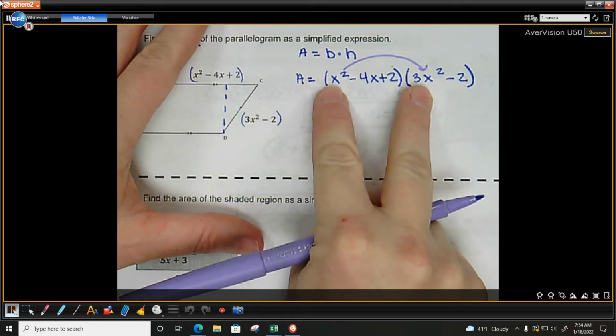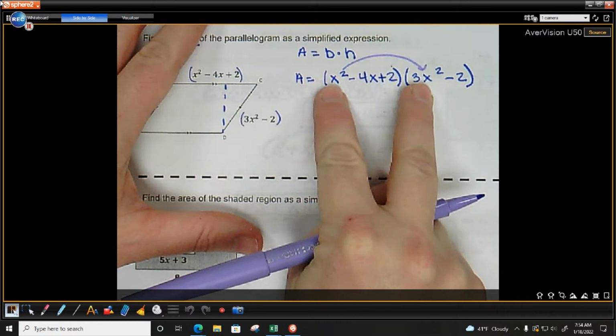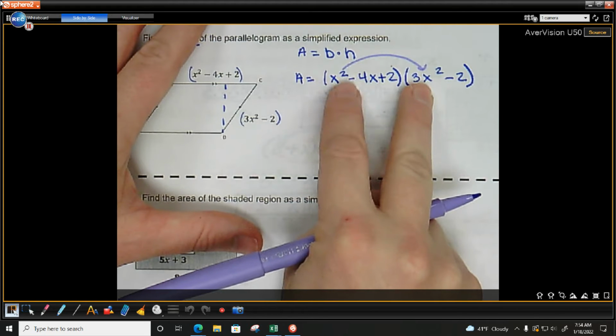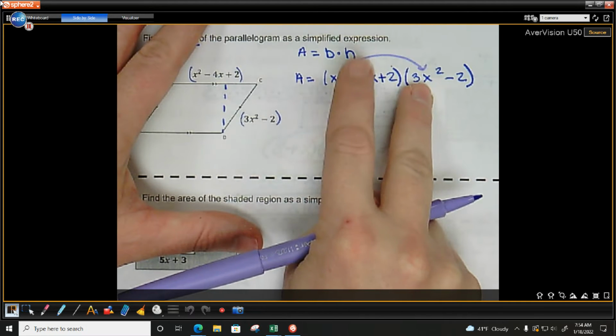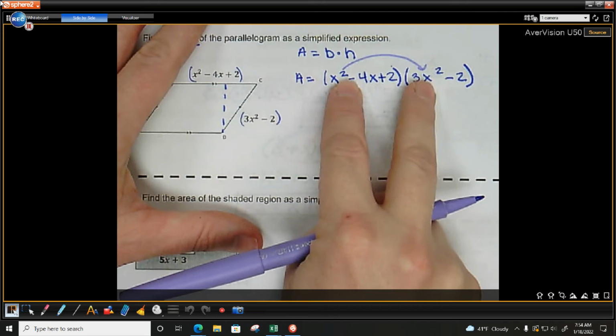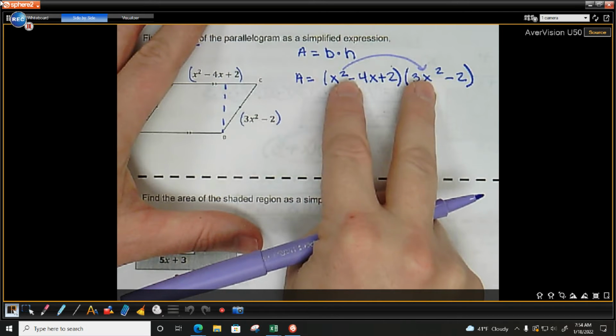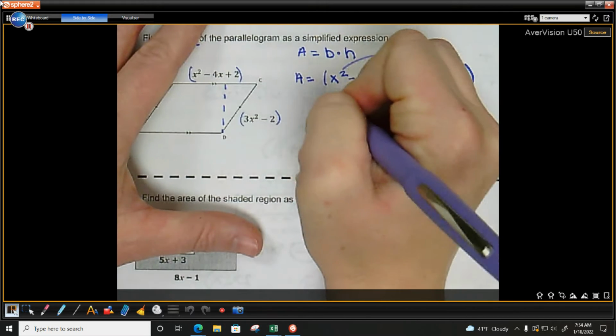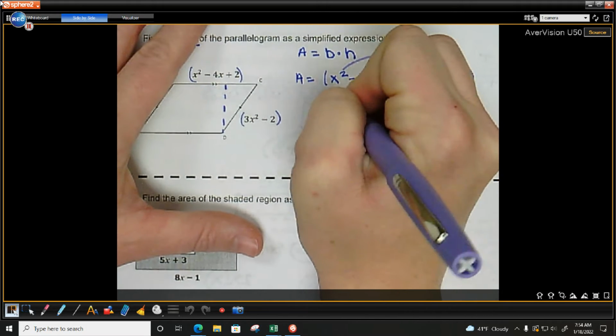When I'm multiplying these, what's the only coefficient? It's the only big number out in front. 3. How many x's are here? 2, and then 2 for a total of 4. So this becomes 3x to the 4th.